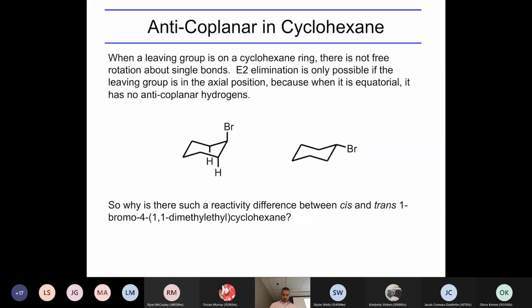Yeah, we had talked about this. So this is a general thing in cyclohexanes. Only axial leaving groups can do E2s, and only if there are also axial anti-coplanar hydrogens.